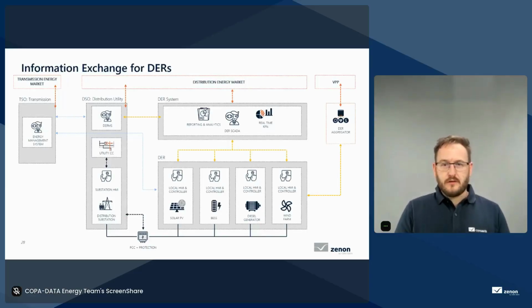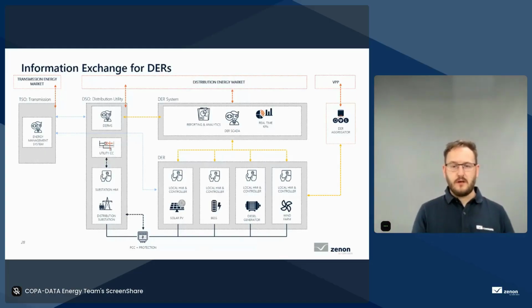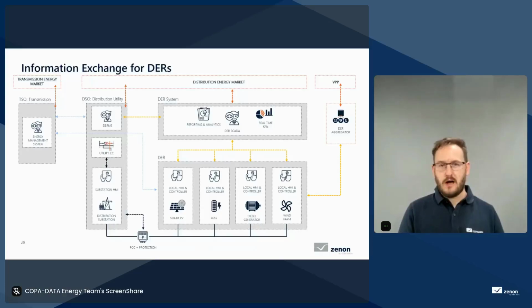So Stefan mentioned that Zenon allows us to connect with a lot of different devices, different DERs. Here we can see an information exchange for DERs. In the middle at the bottom, we have deployed various types of DERs.